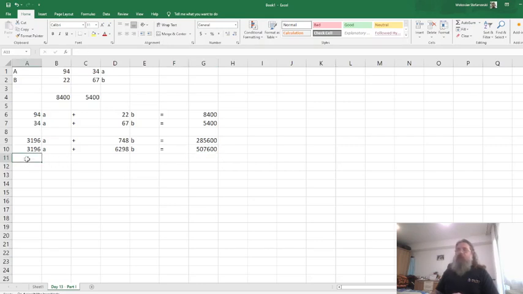Okay, now we have the same two equations, only they're multiplied by a certain something that ensures that these two numbers are okay. So now, if we subtract one from the other, we subtract this from this, we get 0 a's plus... actually, I'm going to subtract them the other way around. It doesn't really matter. I can subtract this minus this.